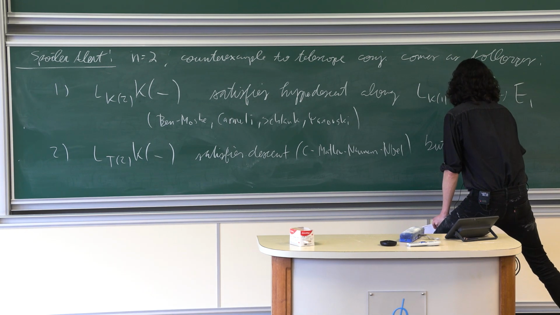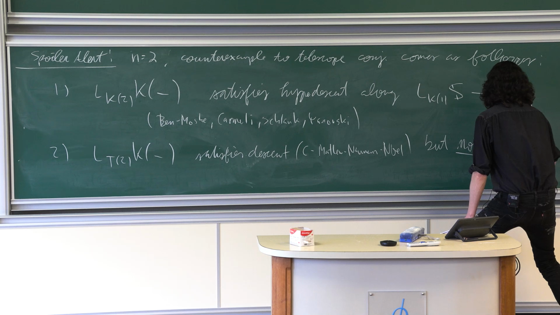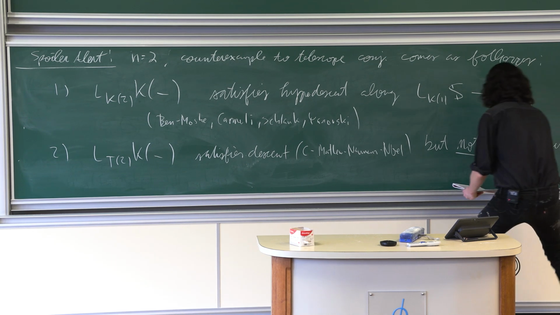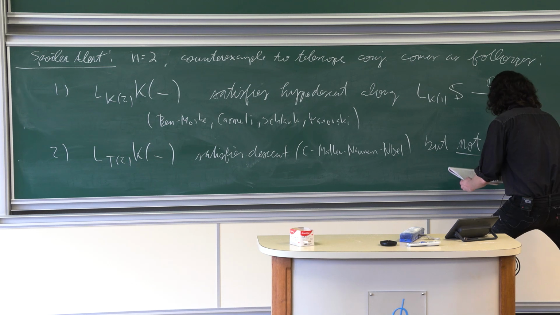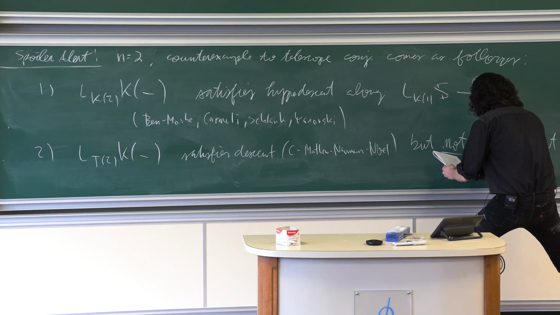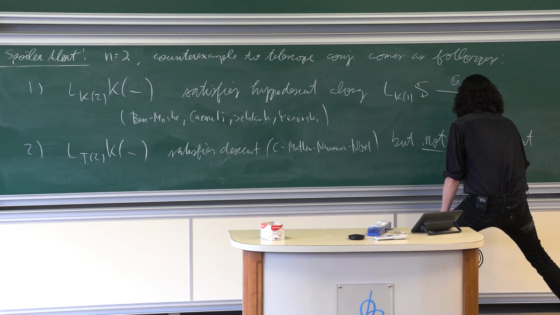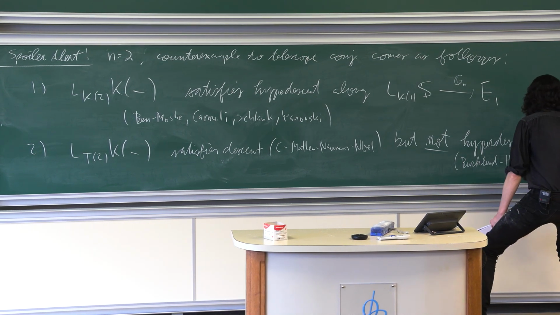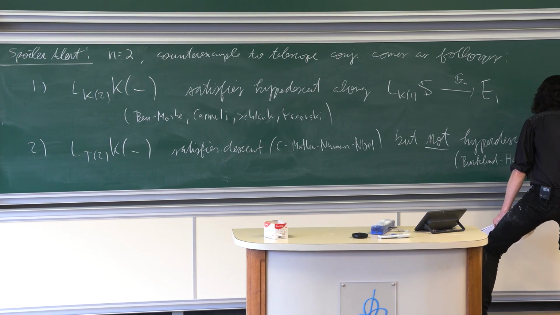This is the relevant part. And that is these people who disproved the telescope conjecture: Burklund, Hahn, Levy, Schlank.